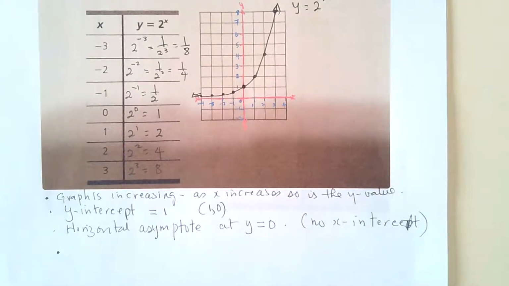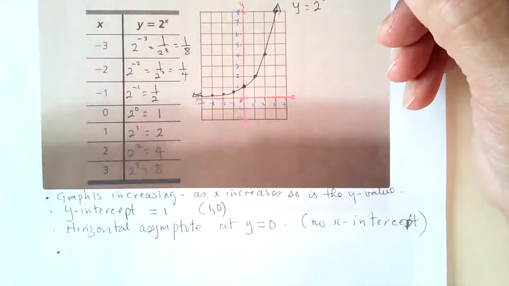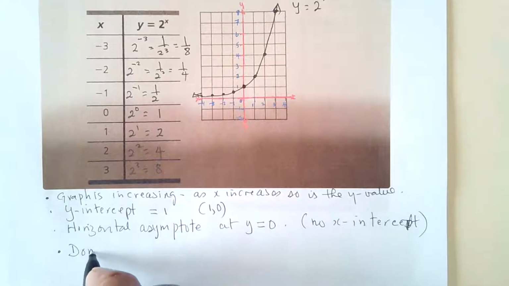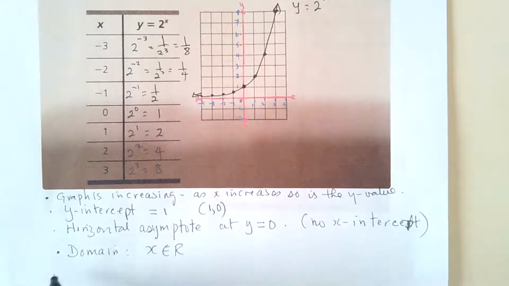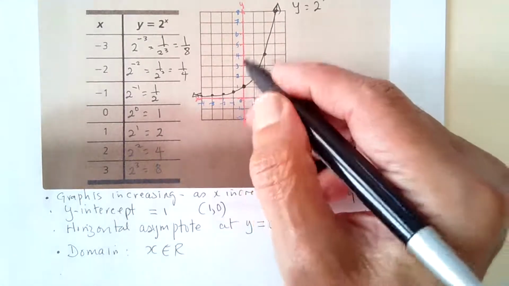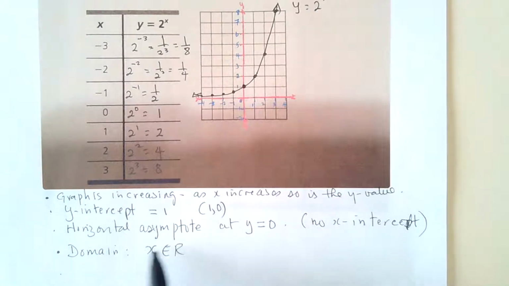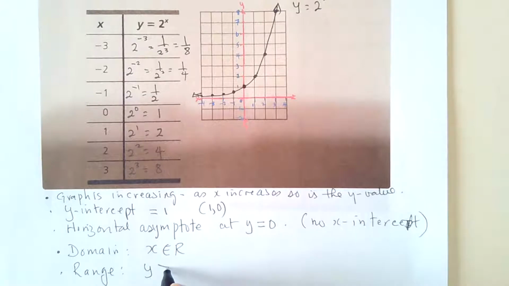The domain, notice there's an arrow going up. The domain, there's no restriction. So we can see the domain is x, a set of real values. Notice the range now is restricted because we have no x-intercept. It doesn't reach, there's an asymptote at y equals 0. So the range is y is greater than 0.